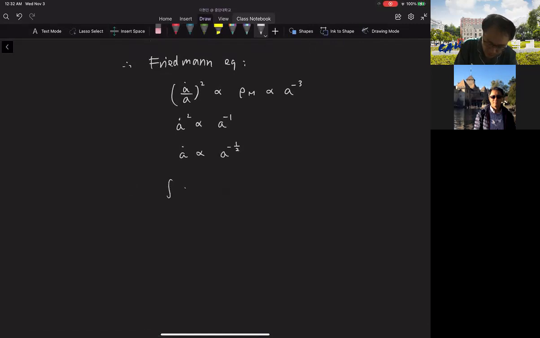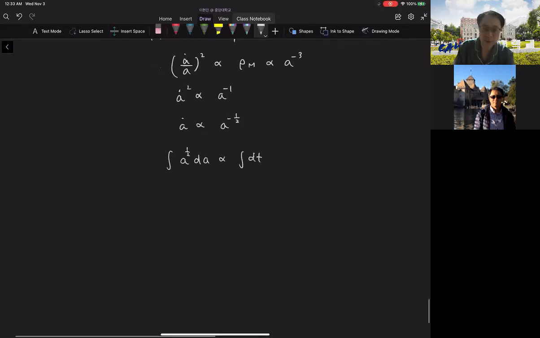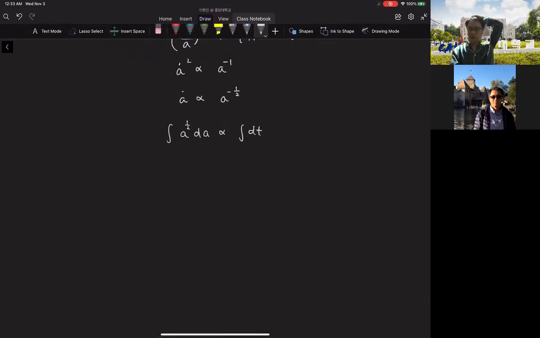Therefore, we can do a similar separation of integration, and this is nothing but this one.